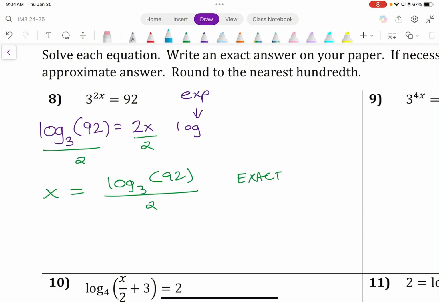Let's take it a step further and find the approximate answer. So, let me show you how to put this in a calculator because now there's that extra step. First of all, hit left parentheses, so that way you have like a numerator and then slash denominator.